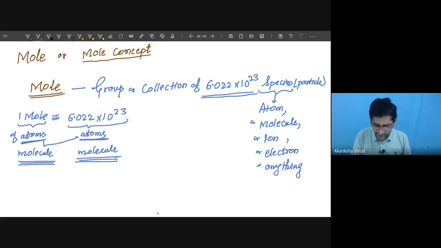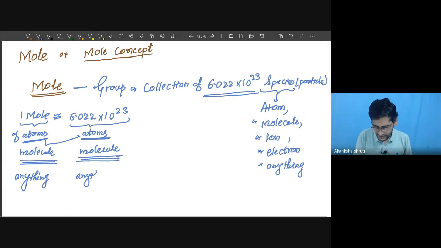Anything it could be, it could be 1 mole of anything. Whatever thing you are considering, the same kind of thing you also need to consider on the right hand side.